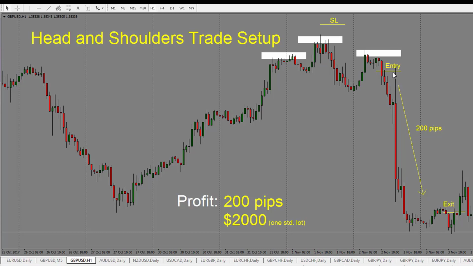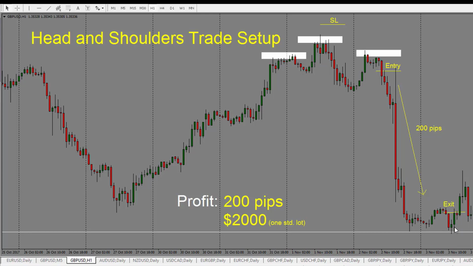Once we enter the trade short here, we are looking for price to run. So we wait for price to go, and as we come into this level, we see that the price starts to stall out. It's just going sideways. This is the time to exit the trade. As you can see, this is an hourly chart, so for a number of hours price hasn't really done much.